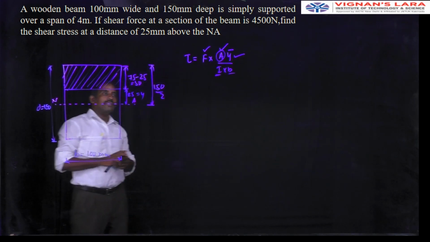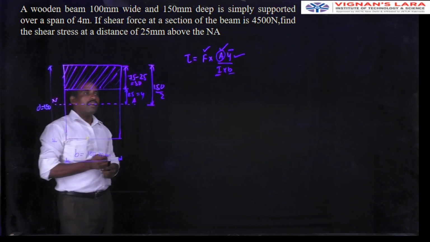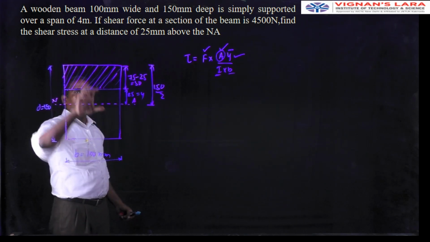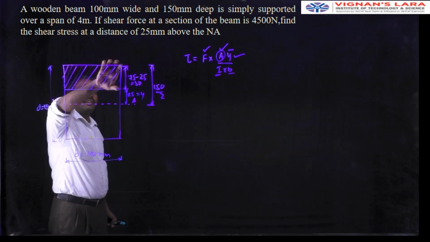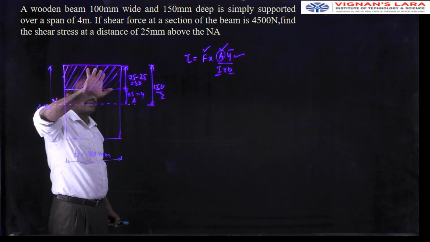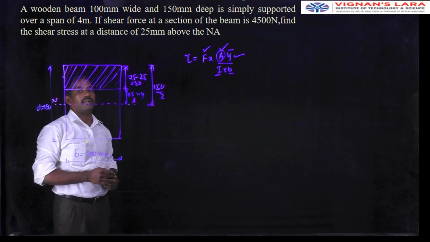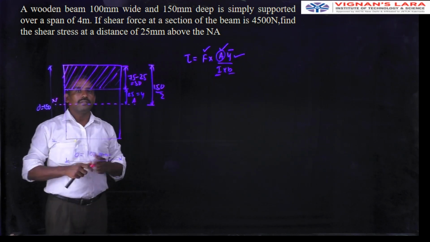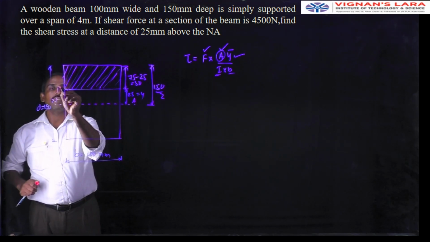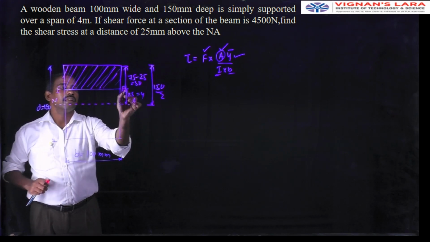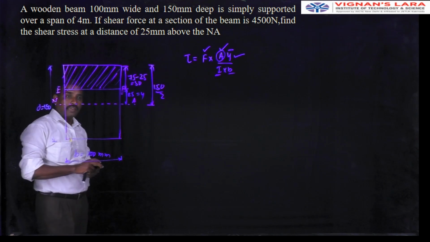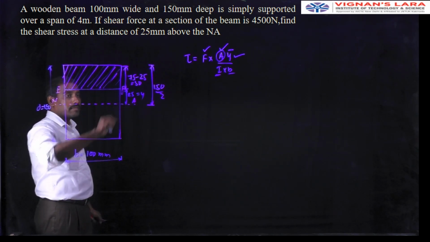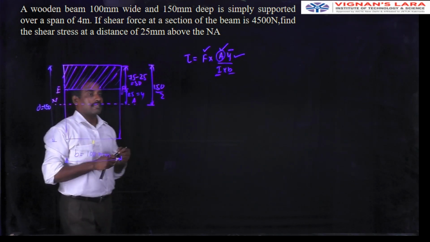So one thing to remember is the area capital A. We have to consider the area of the hatched portion only. Keep it in mind, this is a very important point, because we are going to find the shear stress at a level 25 mm above the neutral axis.